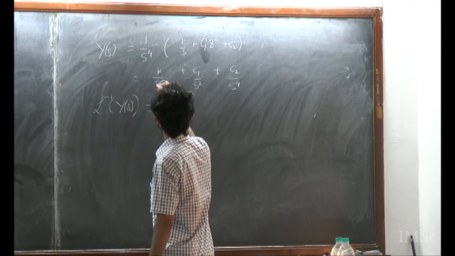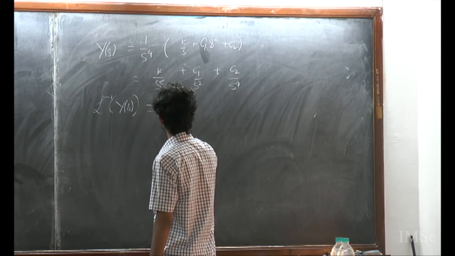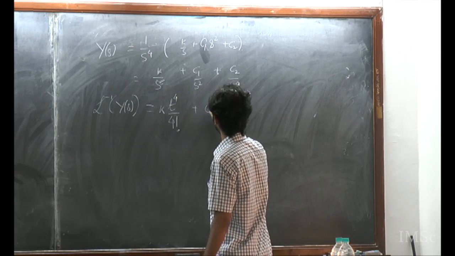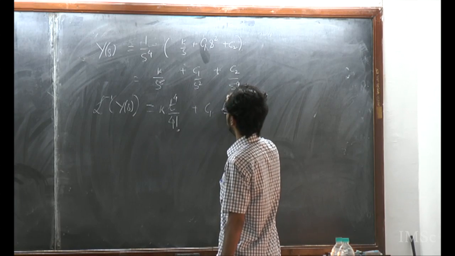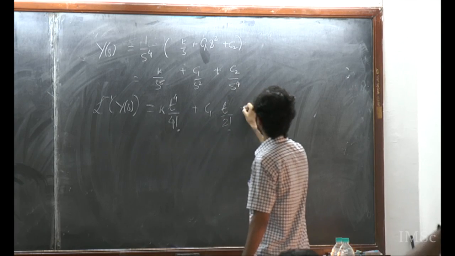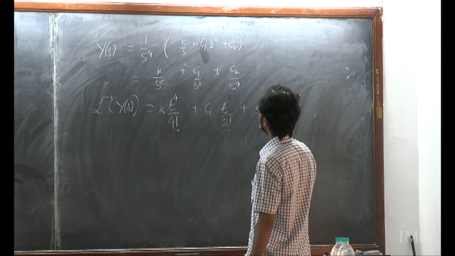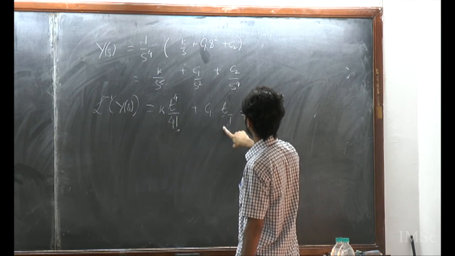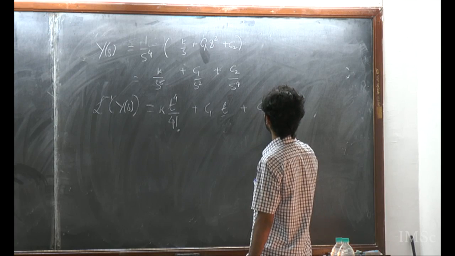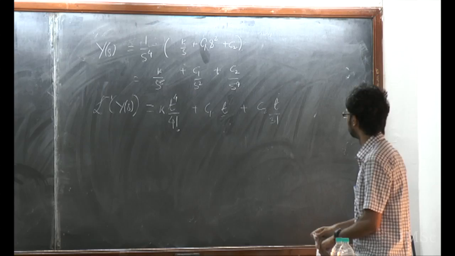What will it be? t to the power 4 by 4 factorial times k plus c1 t by 2 factorial plus c2 t cube by 3 factorial, yeah? t cube, sorry.